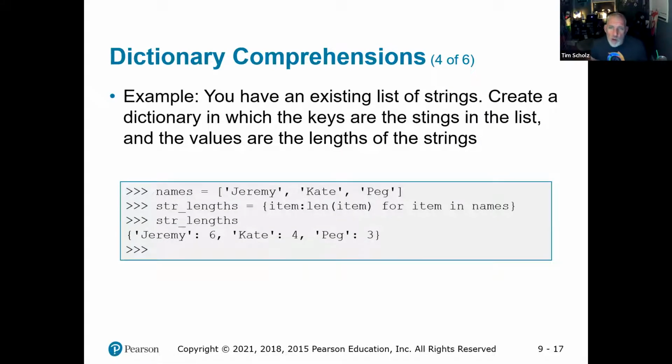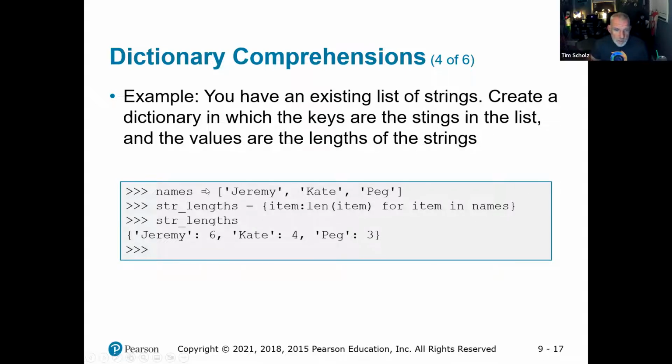For example, if we had an existing list of strings that were names, and we wanted to create a dictionary that took the string and associated the value with it as its length, we do the same thing within curly braces.